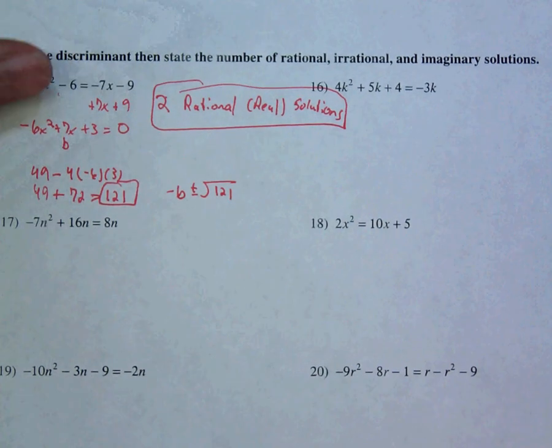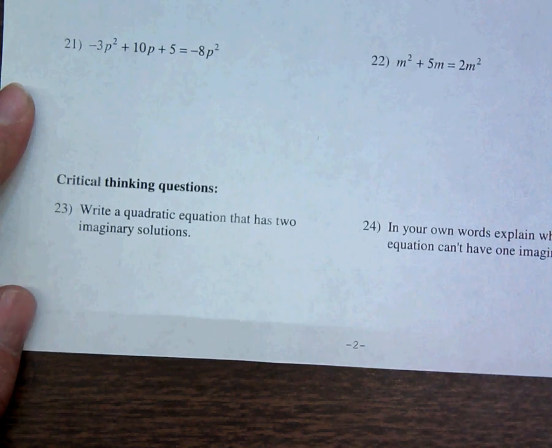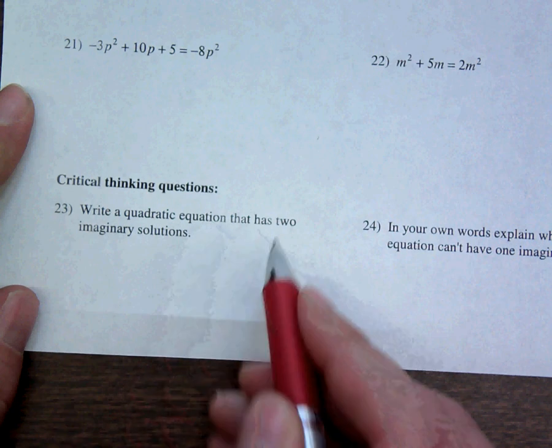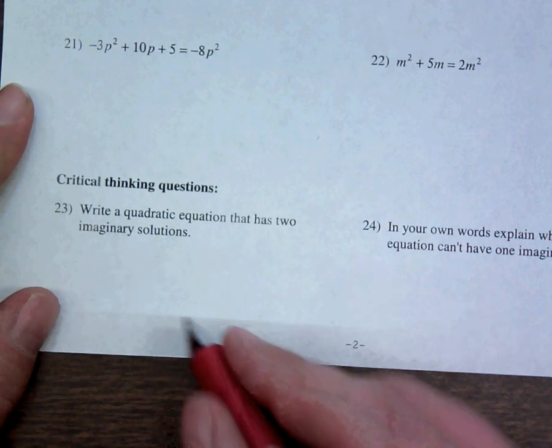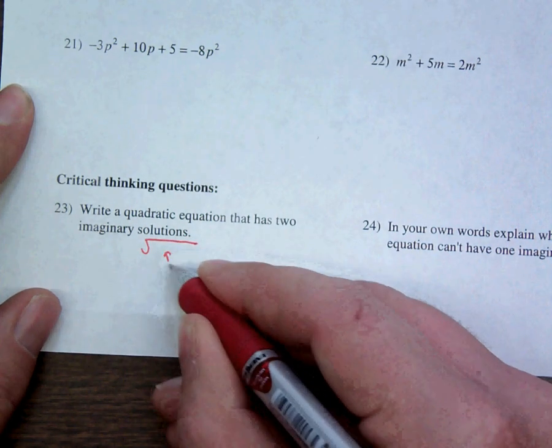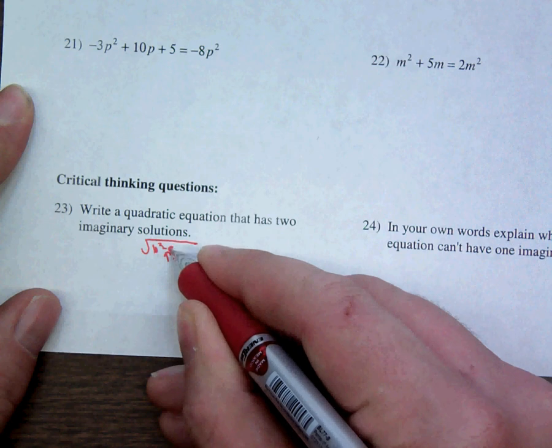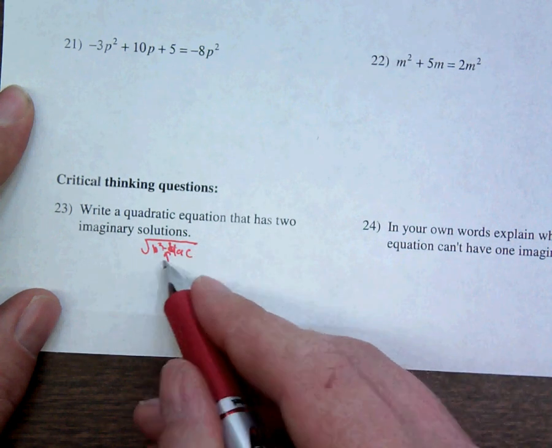I will help you with one of the critical thinking questions. The other one is actually already contained within this video. I mentioned it. It says, write a quadratic equation that has two imaginary solutions. So what I know is that the thing inside the square root, b squared minus 4ac, has to be negative.